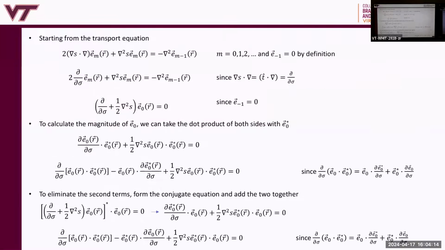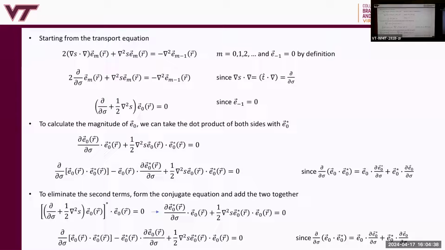All right. So now let's solve the transport equation. Let's start from the transport equation. We got this from the wave equation and the Luneburg-Kline asymptotic expansion for the electric field. First thing we note is this term, the gradient of S dotted with the gradient. It is an operator, and it operates on some function, right?